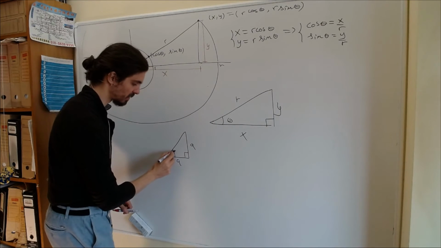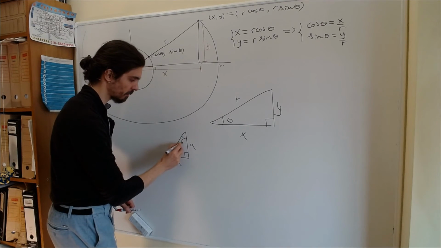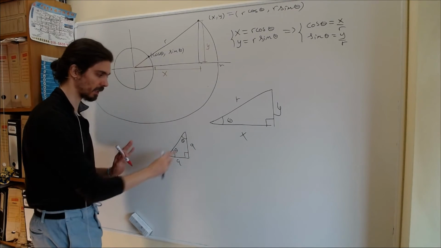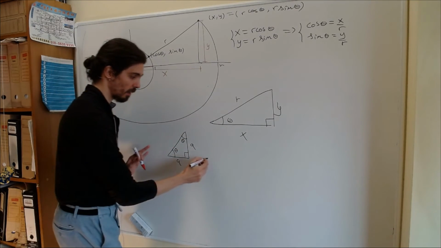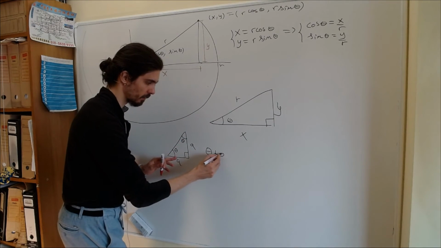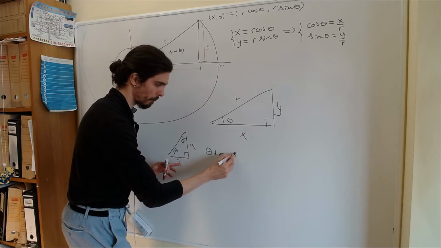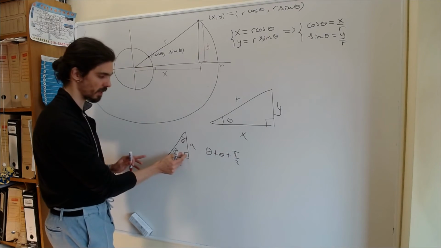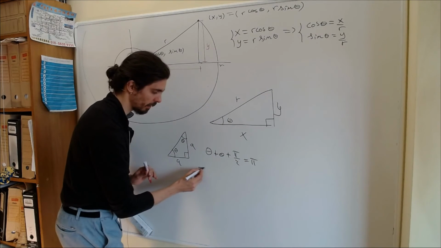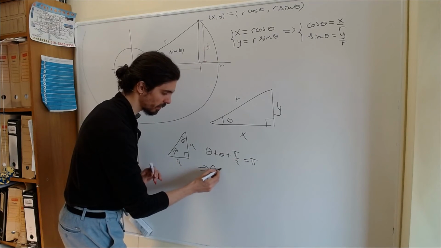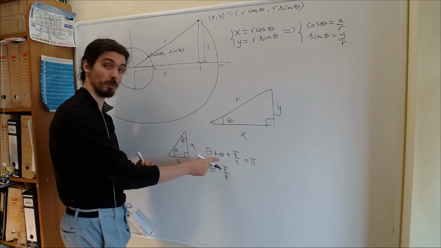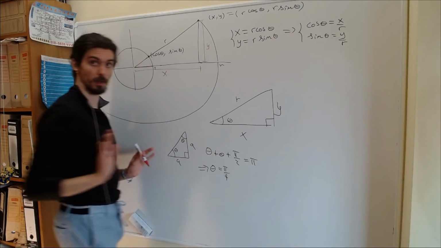So if this is theta, important because the sides are the same, so the angles are the same. You know further that theta plus theta plus pi over 2, the 90-degree angle, must be equal to pi. As a result, theta is pi over 4. Pi over 4 plus pi over 4 is pi over 2. Pi over 2 plus pi over 2 is pi.